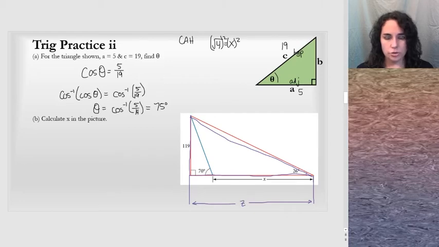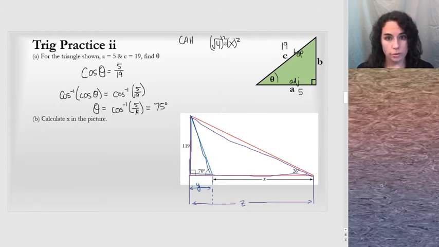it has two components. It has this component X, and it also has this component Y. And notice that Y is on a second right triangle right here, okay? I'm isolating down to right triangles because I can use trig on them.